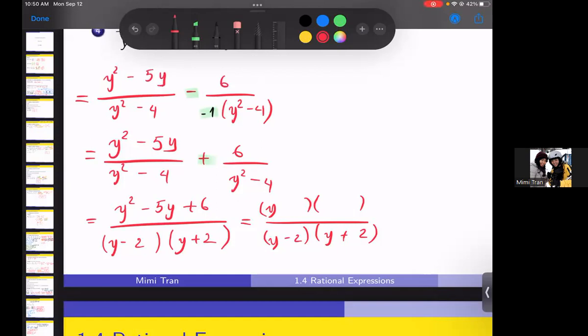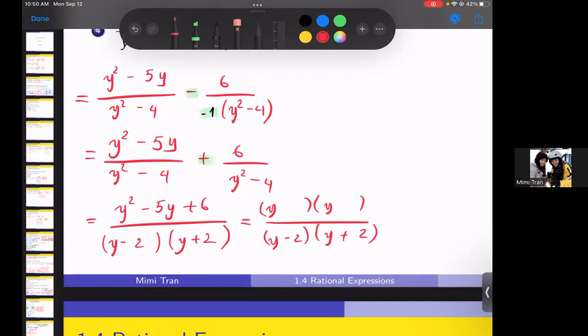y plus 6, y minus 1. Okay, no. Let's see. Negative 6 and minus 1 is negative 7, right? You want positive 6. So maybe you pick a different pair. Try different pairs.